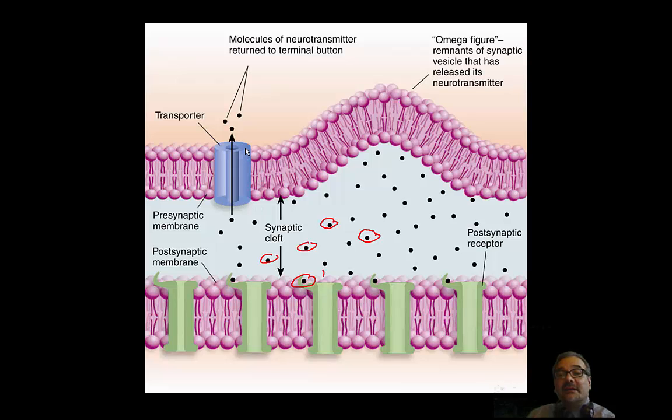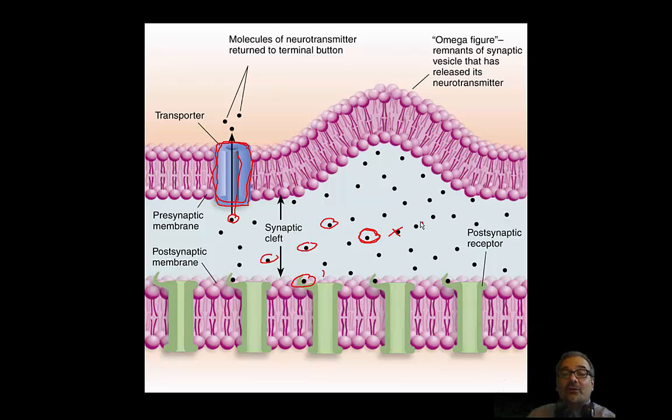One way is to use these presynaptic transporters, these transporter molecules, transporter channels that take up the neurotransmitter and recycle them. So this is the process of reuptake using the transporters on the presynaptic membrane. Another way to recycle this is to have the astrocytes take them up and recycle them and then send them back to the neuron. So that's another way. A third way is deactivating them.